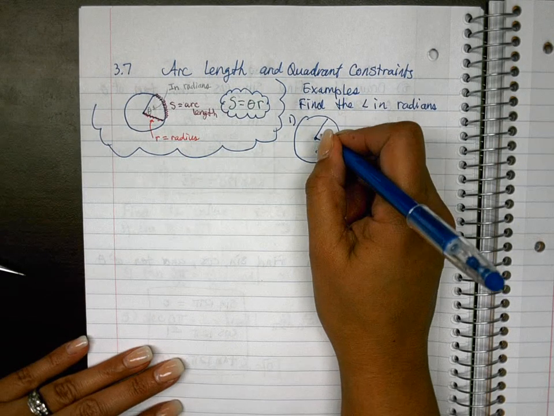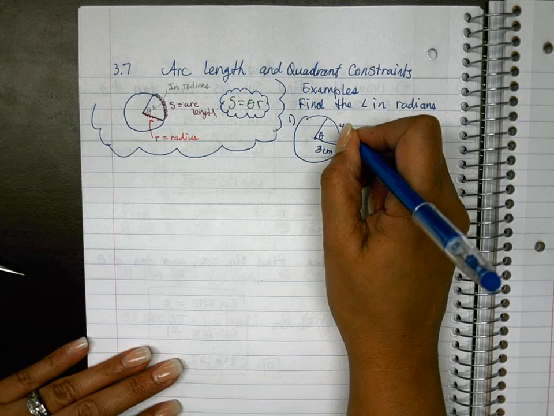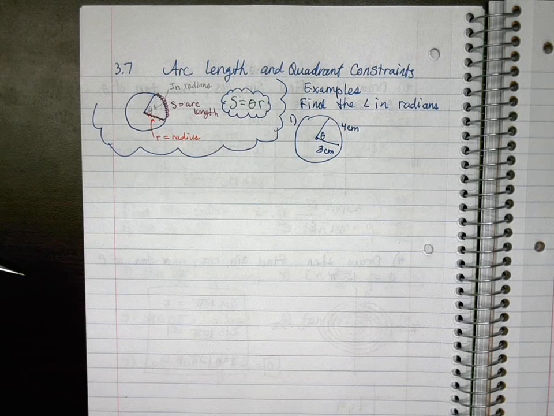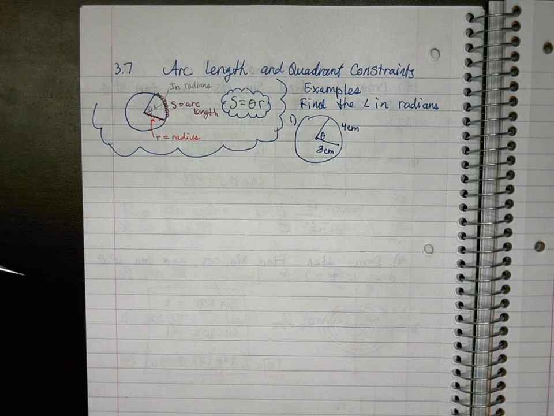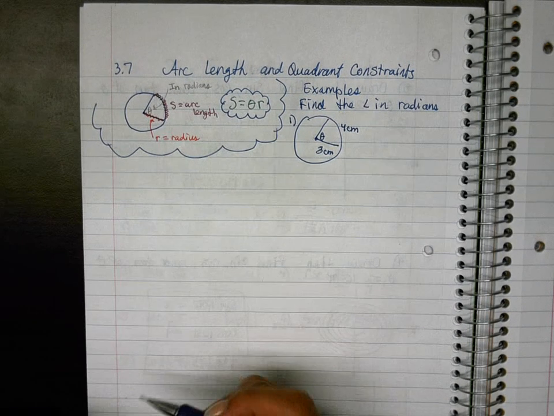And we don't know what theta is, that's what we're looking for. And the arc length here is 4 centimeters. All right, the arc length is 4, the radius is 3. Find theta, the angle, in radians.